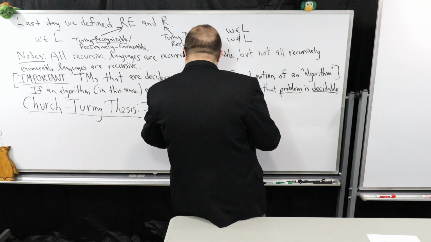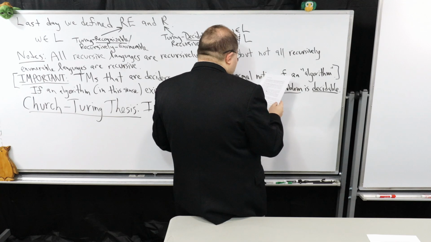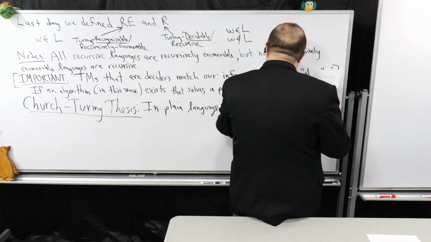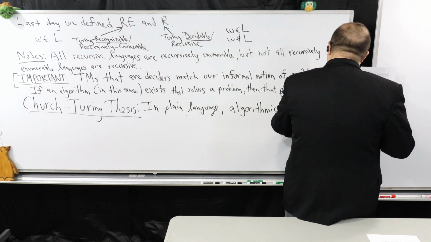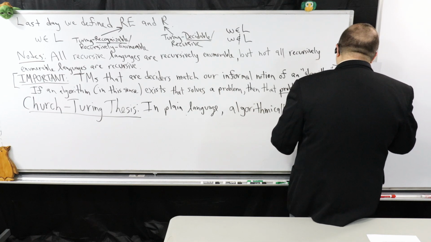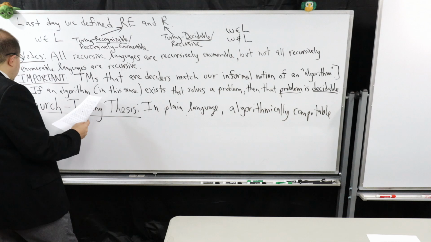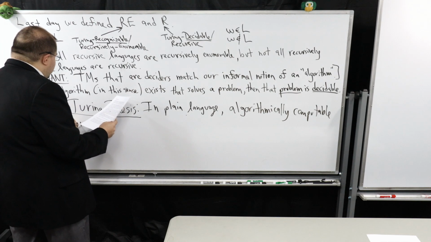So in plain language, just in layman's terms, when I talk about algorithmically computable, it means computable by some algorithm. This is equivalent to me saying this means computable by Turing machine.